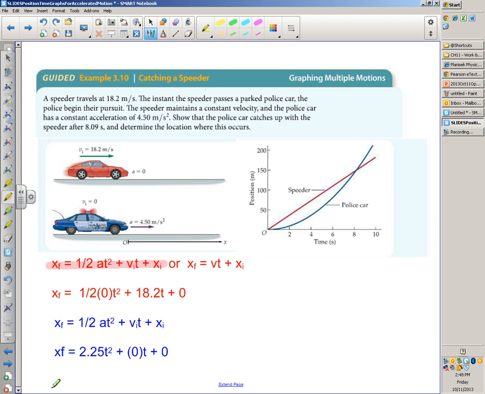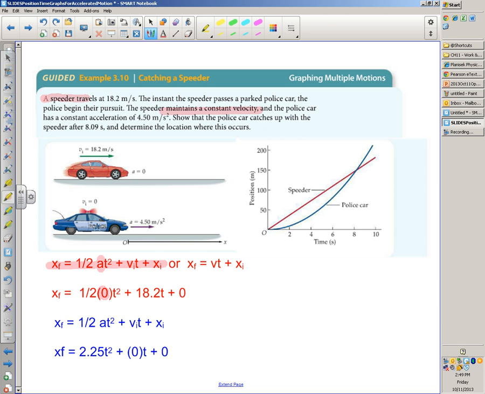But what does it tell us that the speeding car is doing? Maintaining a constant velocity. If something is maintaining a constant velocity, what is its acceleration? 0. Because acceleration tells us the change in velocity. So, in that part of the equation where a was, now it's 0. V initial, do we know what V initial is?